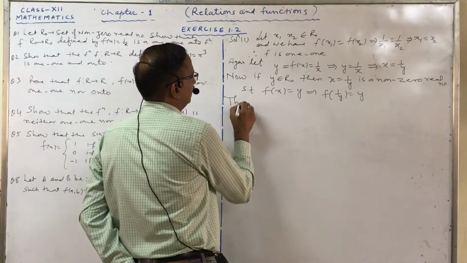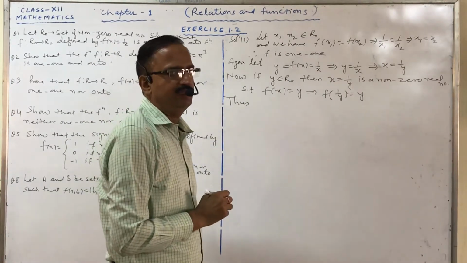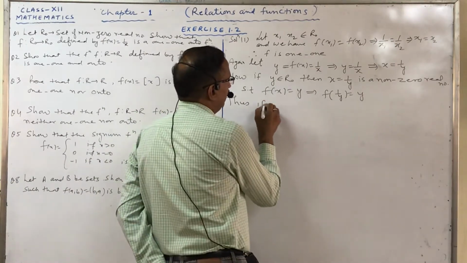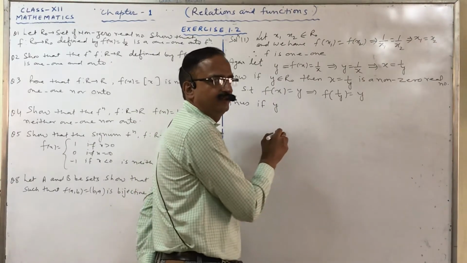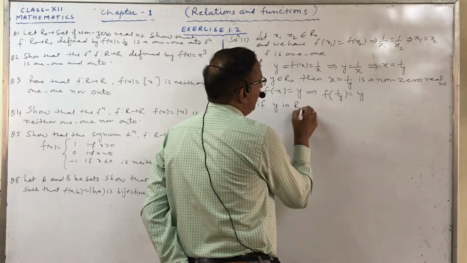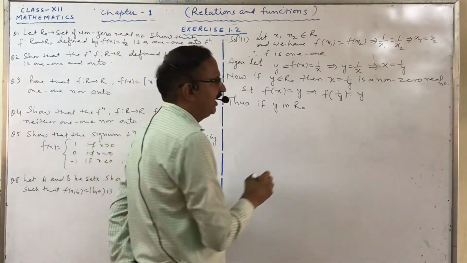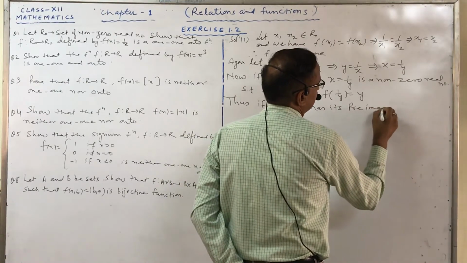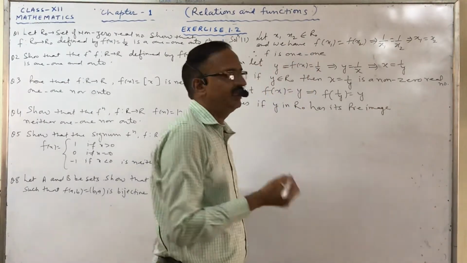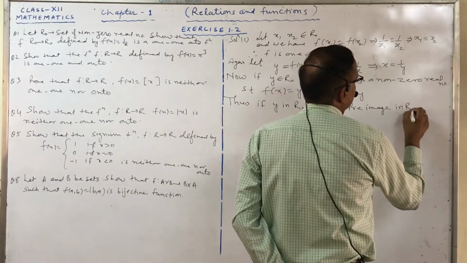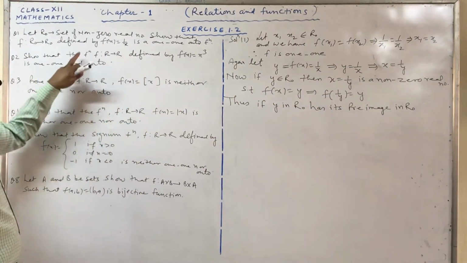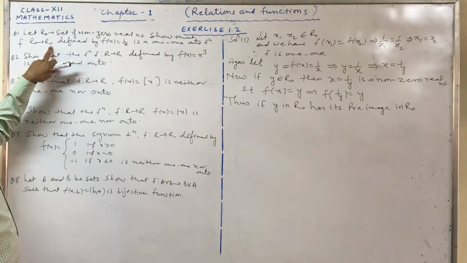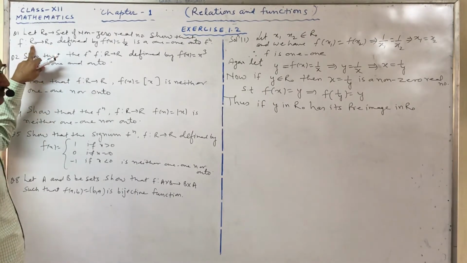Thus, each y in R0 has its pre-image in R0, meaning from this R0 to this R0, every element of this has a pre-image in this R0.